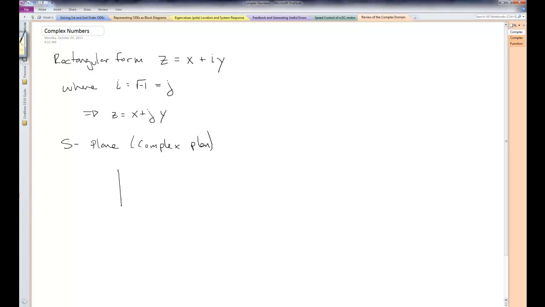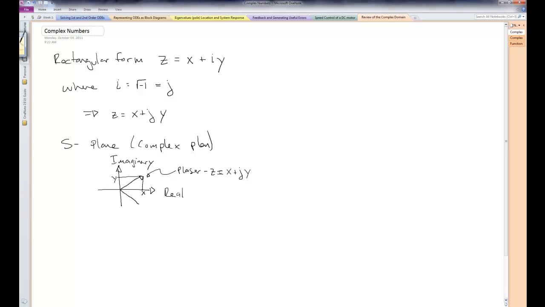That is to say, we could draw a set of axes that had the real part along the horizontal axis and the imaginary along the vertical axis, and we could plot a vector, or what's also known as a phasor, out to the point that has x and y for coordinates, and this would be the phasor z, which is equal to x plus j y.